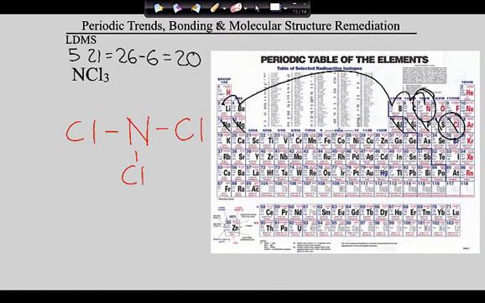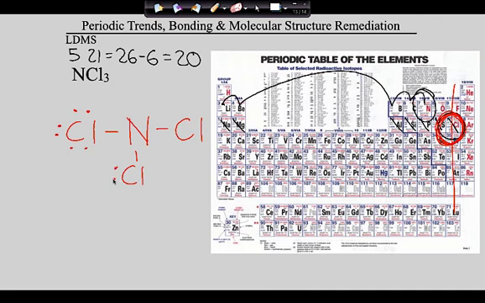Remember what we said earlier though, we've got halogens. Chlorine is a halogen. It can only form 1 bond, and it's already done that, so it's done. So we need to fill the chlorines first. So we will go 1, 2, 3, 4, 5, 6. Now that chlorine is happy.